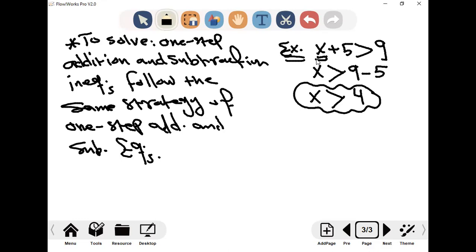But give me any number less than 4, like 3 or 2. 2 plus 5 is 7. Is 7 more than 9? No. So this gives you the solutions of the inequality. Any number more than 4 is a solution. Any number less than 4 is not a solution.